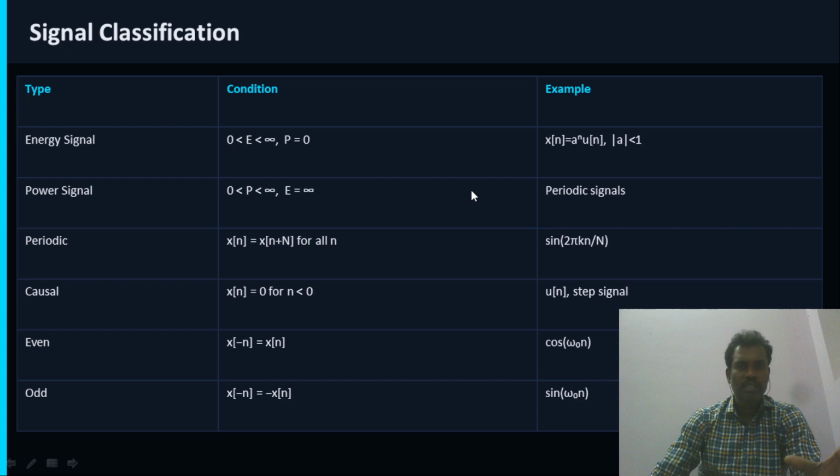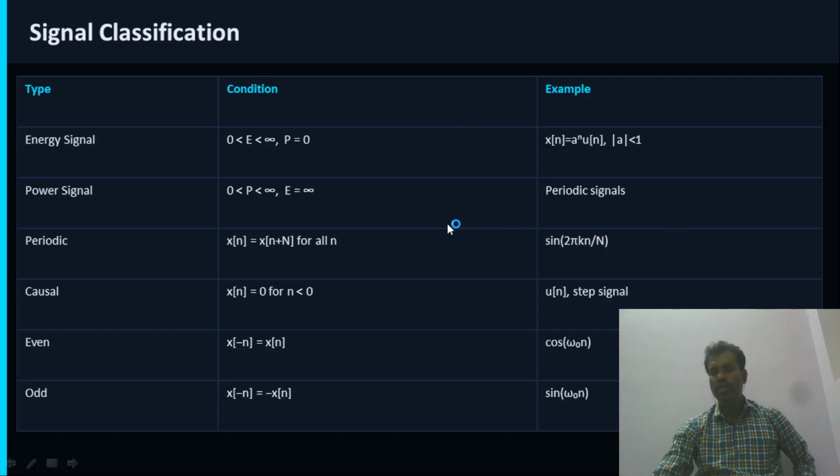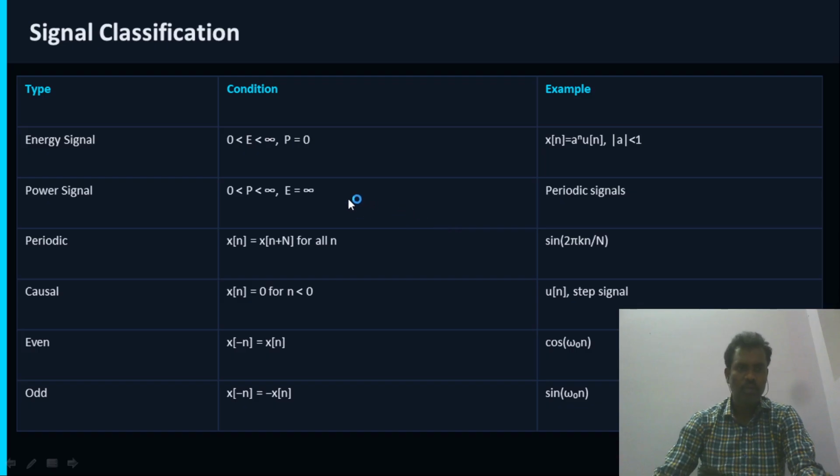From minus n to plus n, how many samples are there? From minus 1 to minus n, it is n samples. From 1 to plus n, n samples. At the origin, 1 sample. So from minus n to plus n, we have 2n plus 1 samples. That's why the formula contains energy divided by 2n plus 1, when n tends to infinity.